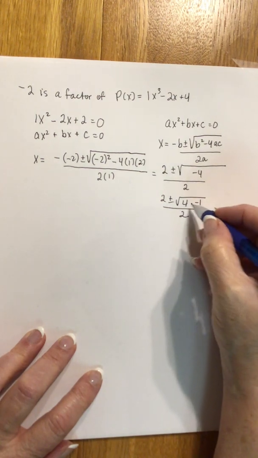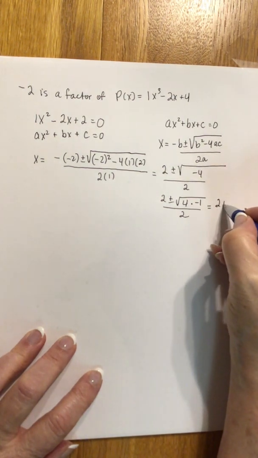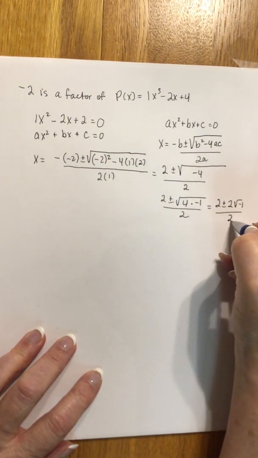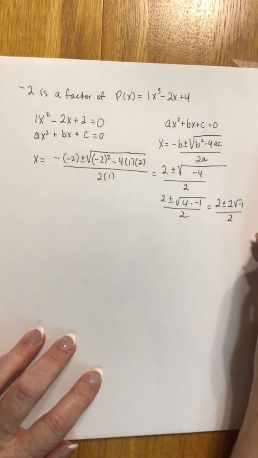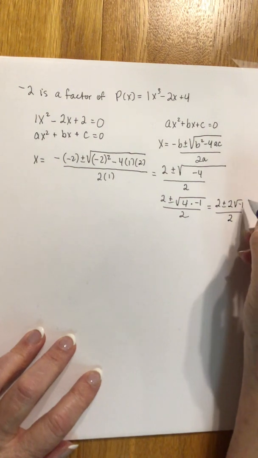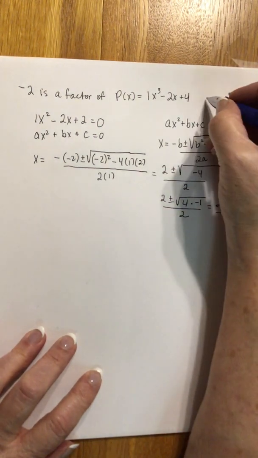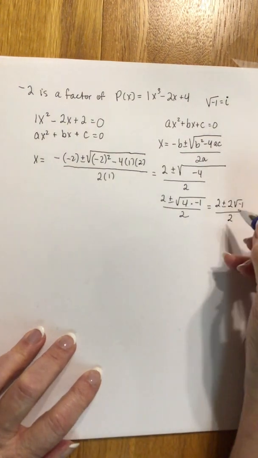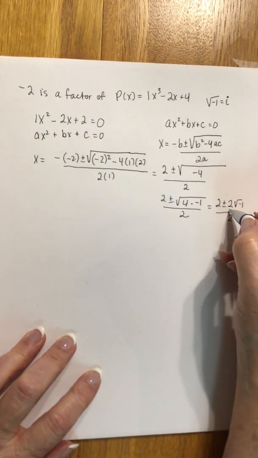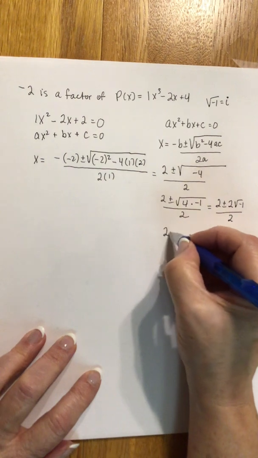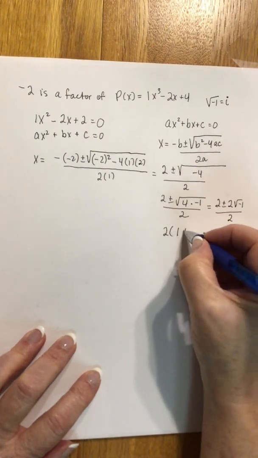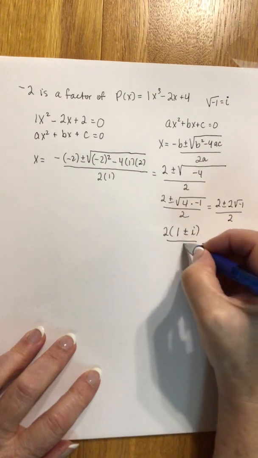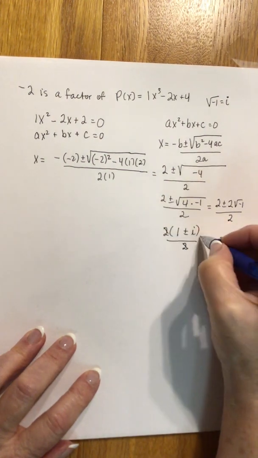Square root of 4 would give me 2, so I've got 2 plus and minus 2 square roots of negative 1 over 2. But we know that the square root of a negative 1, from before, we said was equal to i, right? And also we can see that a 2 will come out of both of those, so I have 2 times 1 plus and minus, taking a 2 out, i over 2, and then the 2's would cancel.